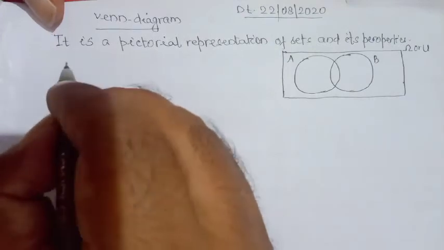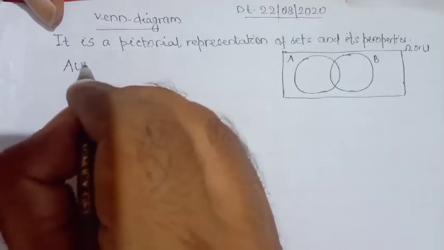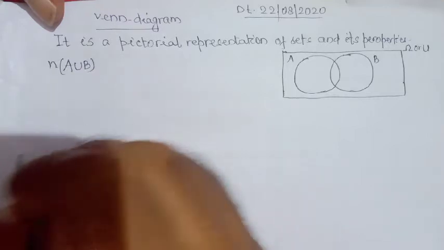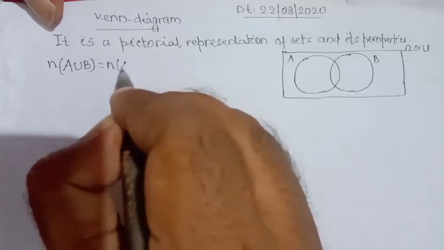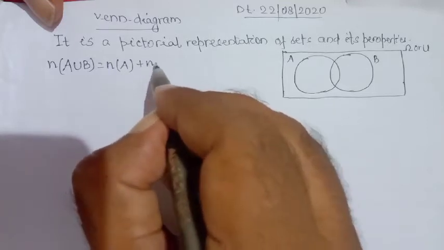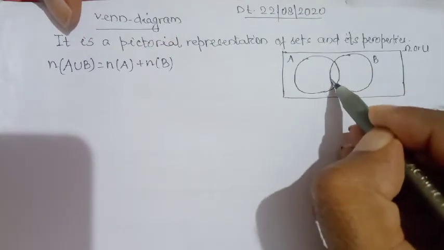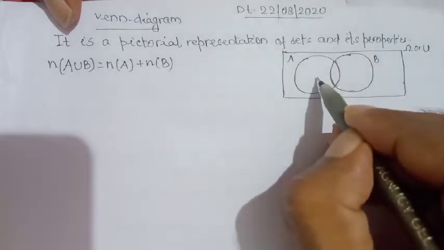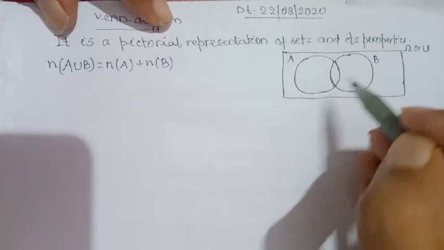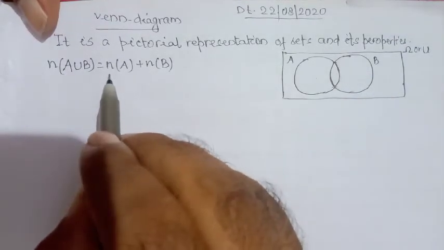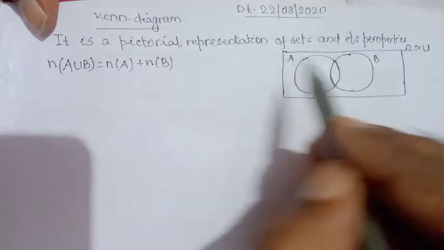So first write down number of elements of A union B. When we write number of elements of A union B, first we write number of elements of A plus number of elements of B. Here you see this portion comes under both sets, A as well as B. So if we write n of A, it goes through A, and number of elements of B also comes on.